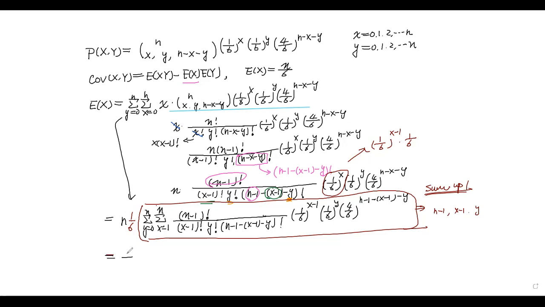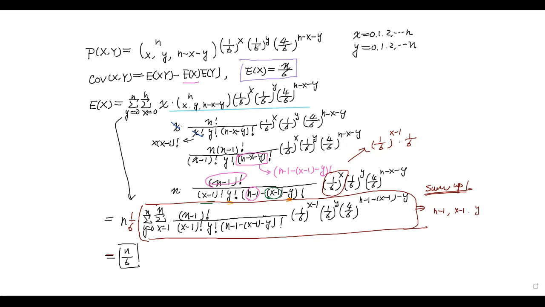So let's write this is n over 6. It matches what we originally thought, because the marginal distribution is a binomial, so the E of X is equal to n over 6.